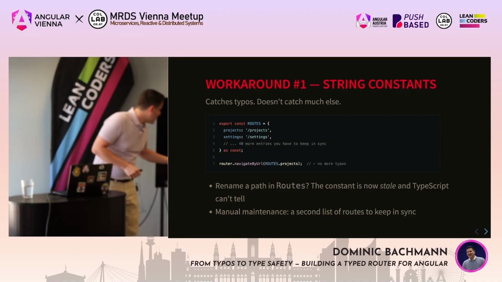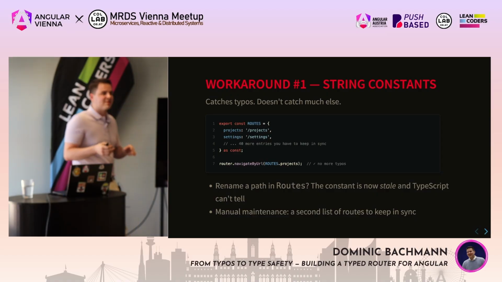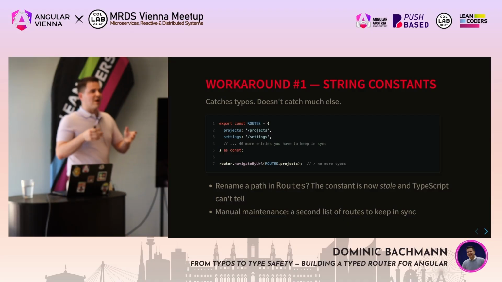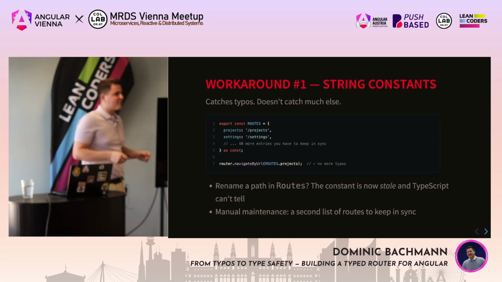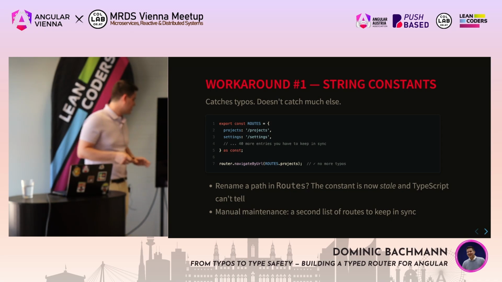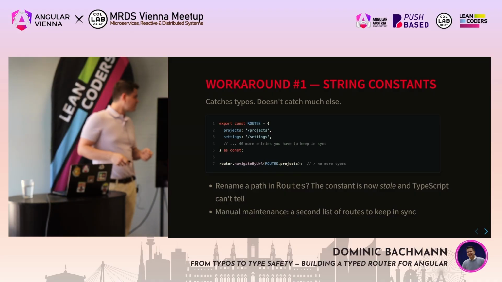And then whenever they navigate, they just call this routes dot whatever constant and pass it in there. Now this works, but you somehow have to keep the route configuration and this constant in sync. And also you cannot really handle params very well with that, or I mean you can create functions, but it just doesn't feel so nice, and it's a second source of truth.